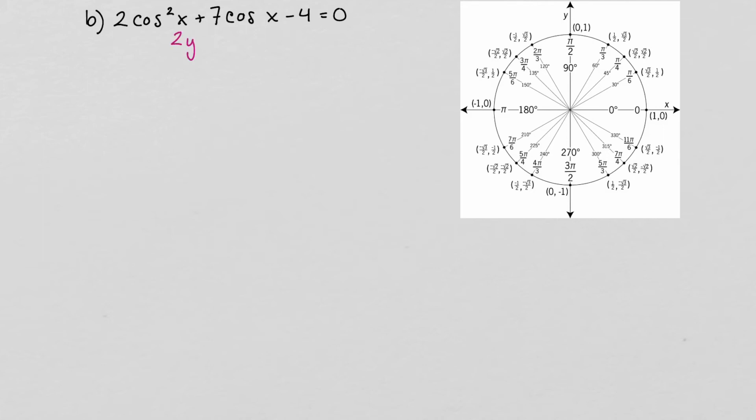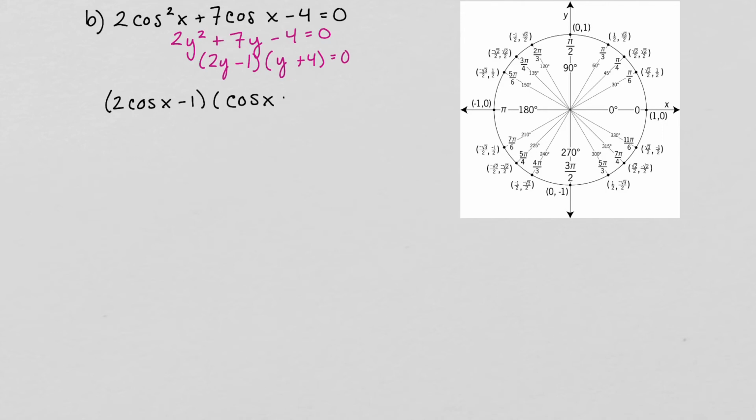If you think of this as 2y squared plus 7y minus 4 equals 0, that is completely okay. If you factored, you would get 2y minus 1 times y plus 4 being equal to 0. So our original equation is going to factor into 2 cosine x minus 1 times cosine x plus 4 equals 0.